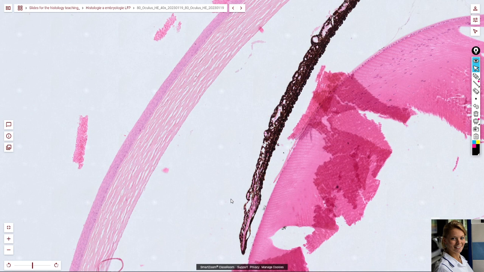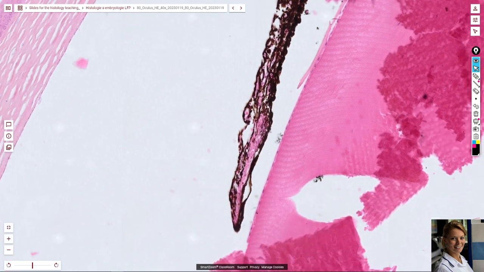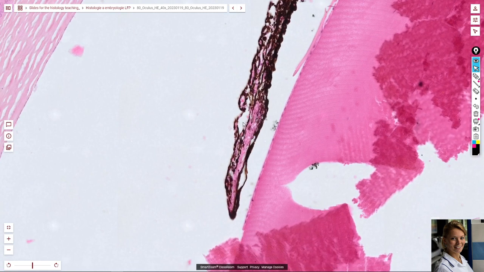Aqueous humor is in direct contact with the stroma of iris. Stroma is formed by collagenous fibers and fibroblasts, vessels, melanocytes, macrophages, and myoepithelial cells. There is the sphincter pupillae muscle.